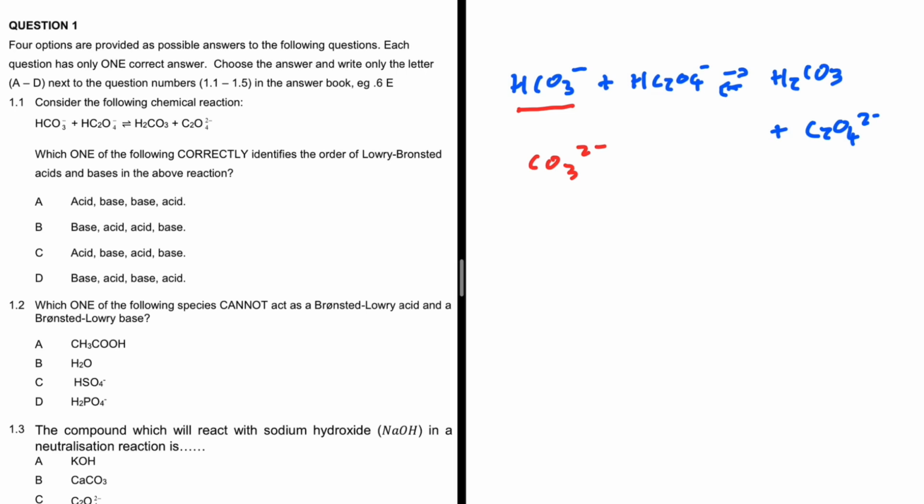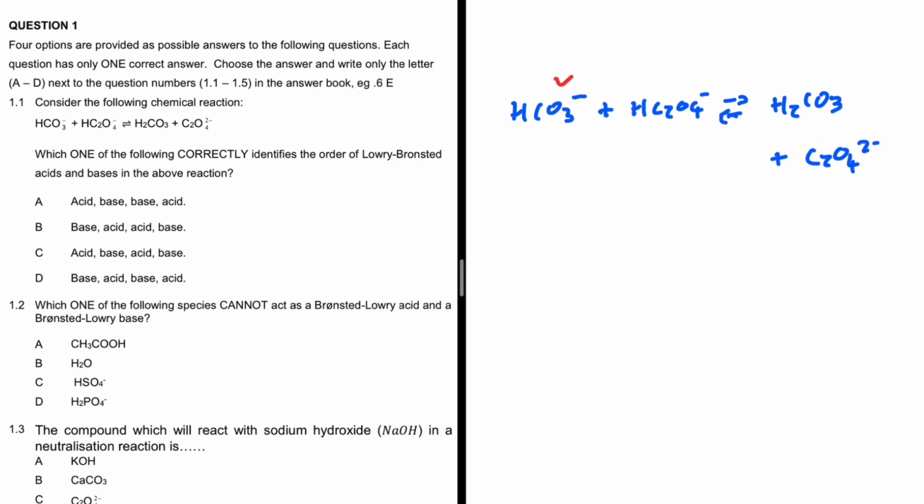So let's go and check and see if that is actually the case. We start with HCO3 minus and then we end up with H2CO3. So it is not an acid because it is not donating a proton. It actually looks like it has accepted a proton.